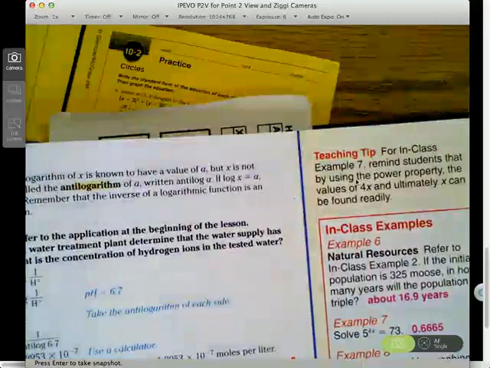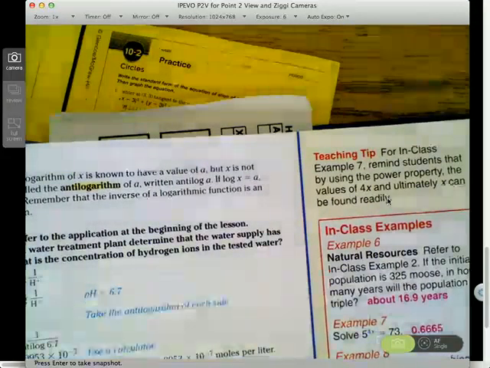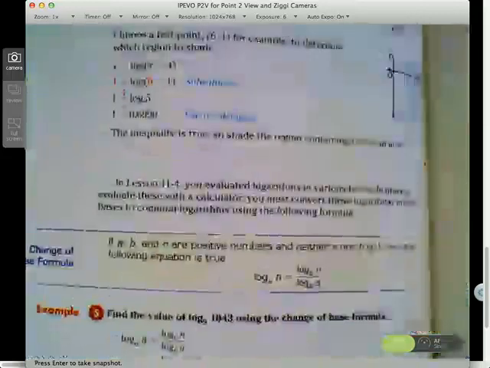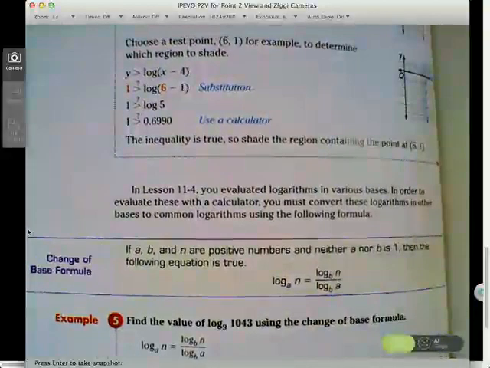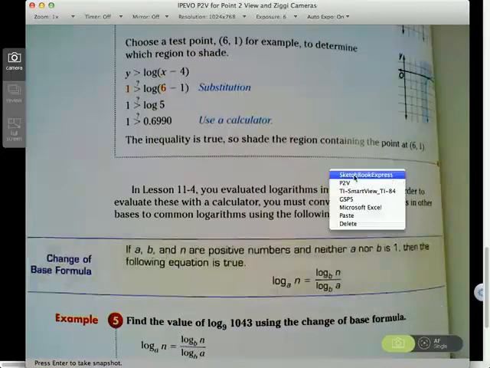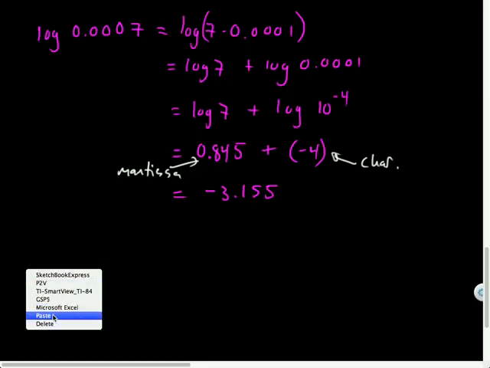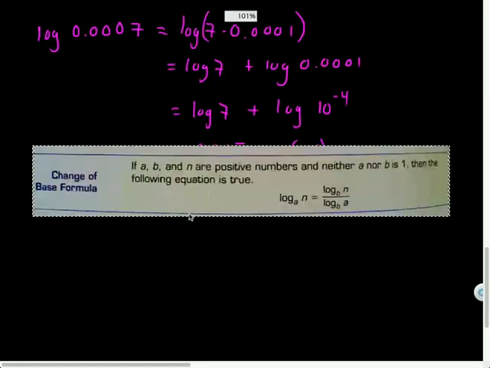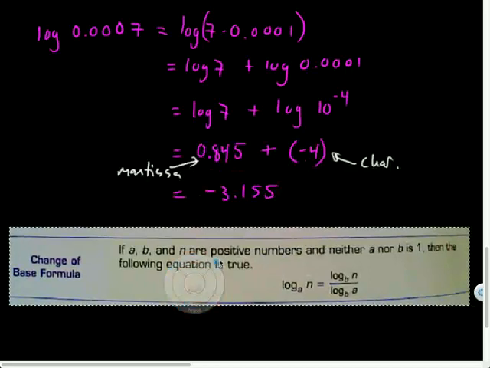And that's why we have this change of base formula, which I can grab a snapshot of here. The change of base formula is going to allow us to solve for logarithms that aren't in that form.